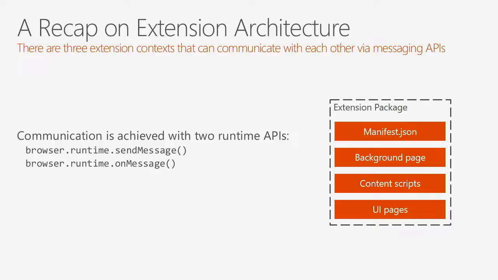Those are the three contexts of extensions, and all three have access to all of the extension APIs. The two used to facilitate data transfer between those contexts are the runtime.sendMessage and runtime.onMessage APIs, and we'll talk more about those throughout the presentation.